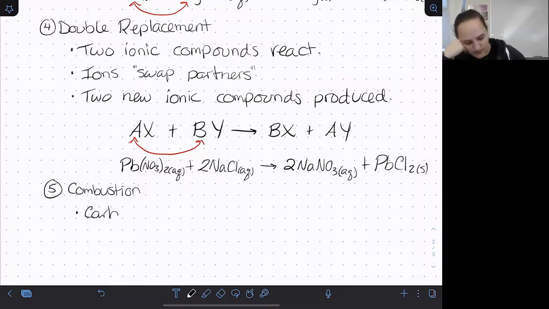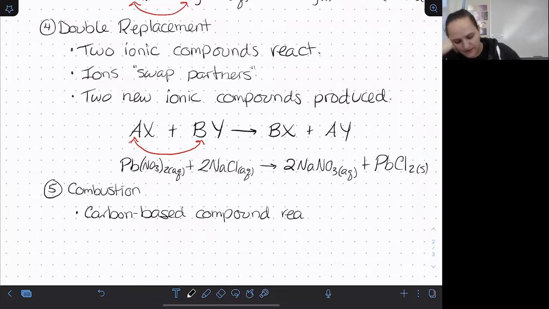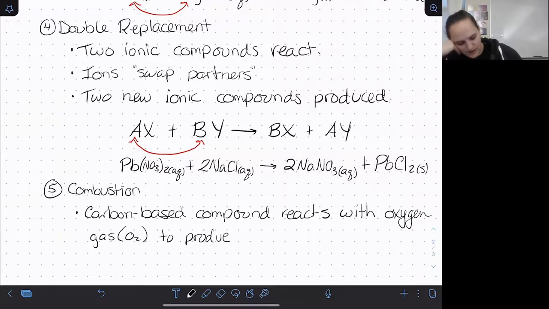It needs to have some kind of carbon-based compound as one of the reactants, and that reacts specifically with oxygen gas to produce water and carbon dioxide.